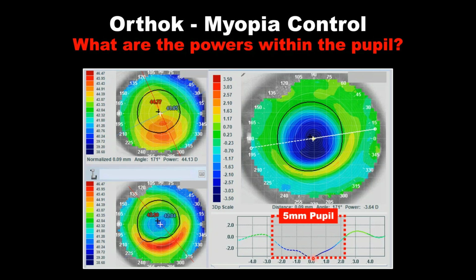We want a tiny area of most minus. We want to lose that effect as quickly as possible so that we're pushing as much plus into the pupil. So let's compare the power on the visual axis to the power at the pupil margin, and it shows us that we lose about 3.62 diopters of Rx change.